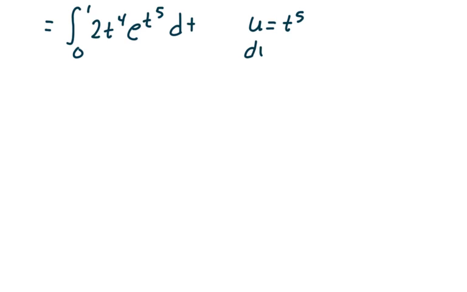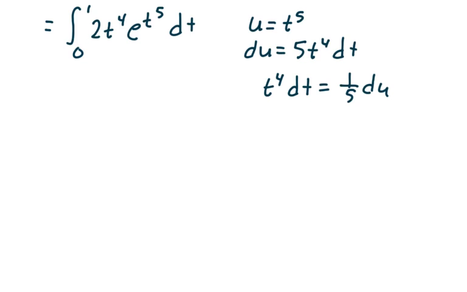So this is the integral from 0 to 1 of 2t to the fourth e to the t to the fifth dt. And so u is t to the fifth, du is 5t to the fourth dt. So if I solve for t to the fourth dt, I get 1/5 du. And I'm going to pull the 2 out as well, so I get 2/5 times the integral. Now, when t is 0, u is 0.